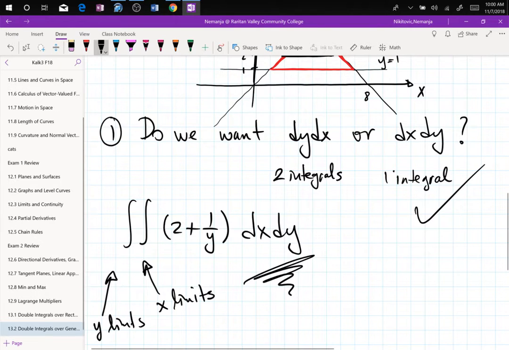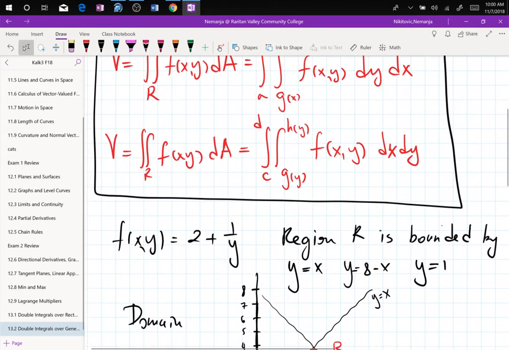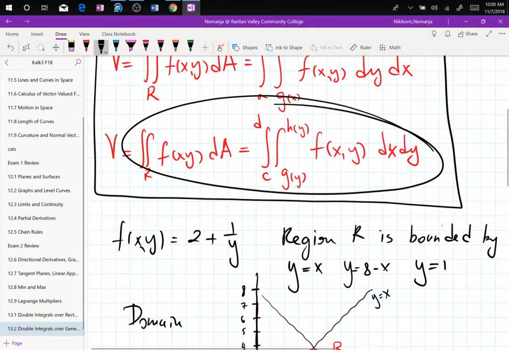Now, x limits is actually x as a function of y, right? Let me show it right here. Do we all see it? If the outer is dy, then the outer limits are c and d, and the inner limits are x. But look how great this is. The inner limit is x, right? Would you agree that this is x1 equals a function of y, and x2 equals a function of y?